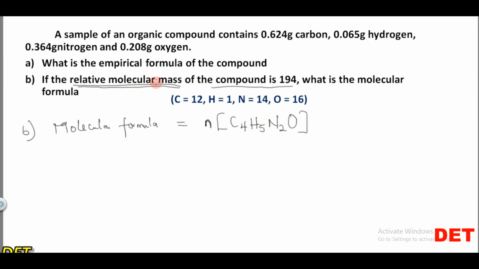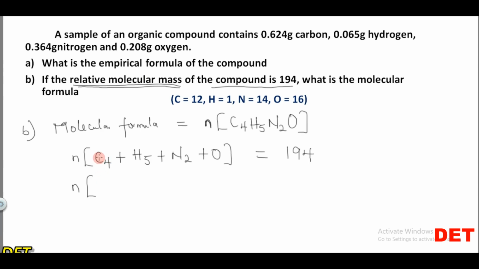So if the relative molecular mass of the compound is 194, that means that n open bracket C4 plus H5 plus N2 plus O bracket close is equal to 194, because it's giving us 194 here.